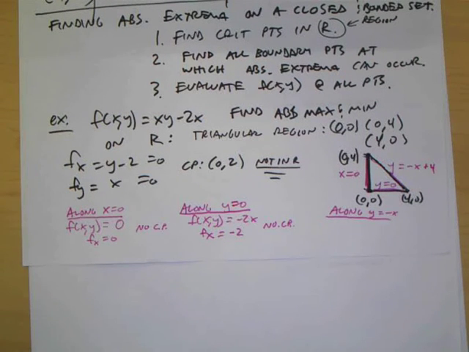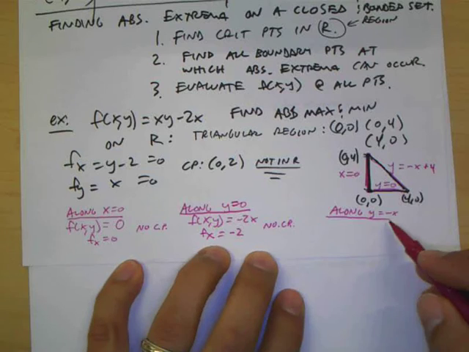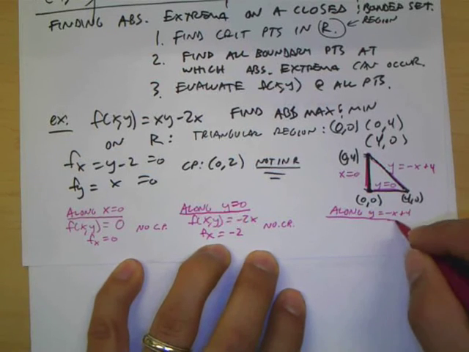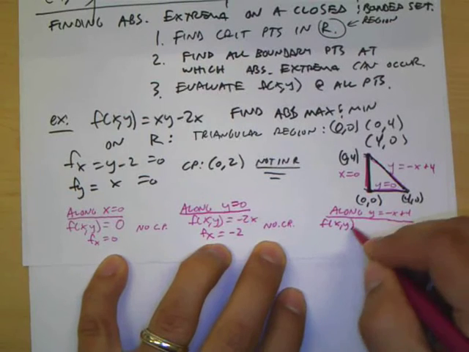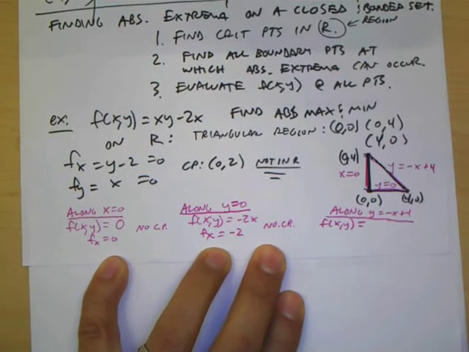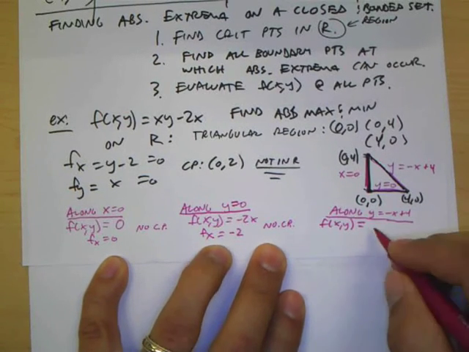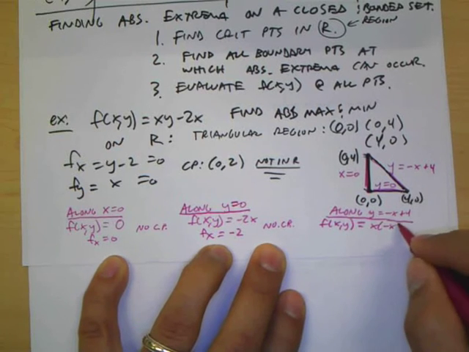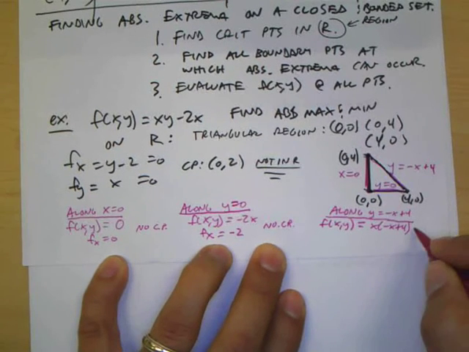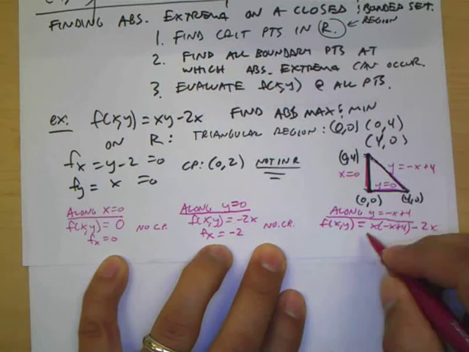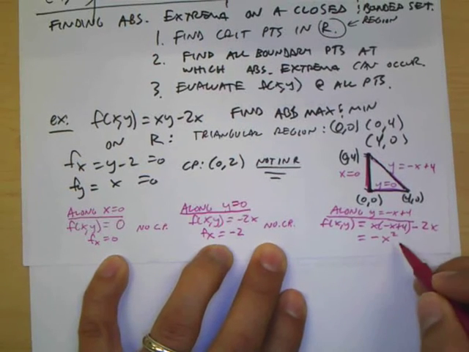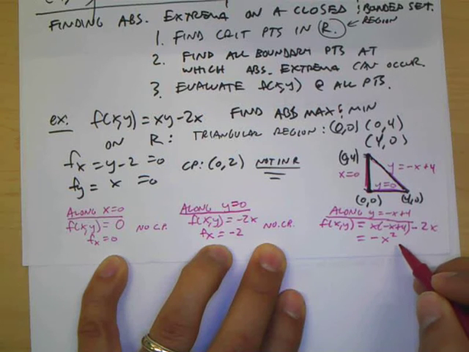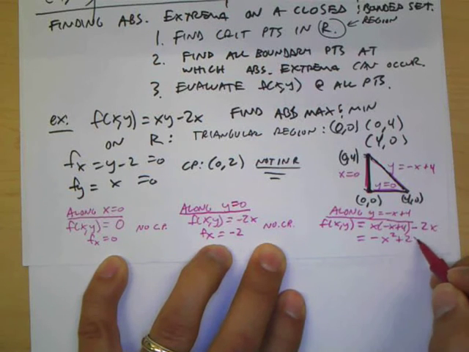So now along y equals negative x plus 4, let's figure it out. F of xy will be x times negative x plus 4 minus 2x, which gives us negative x squared plus 4x minus 2x, which is just plus 2x.